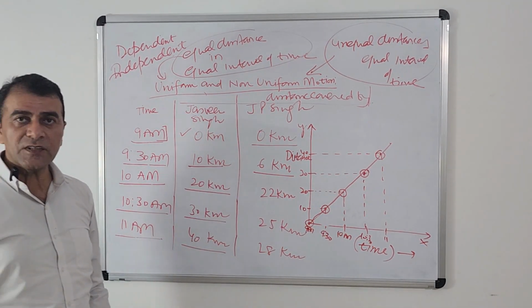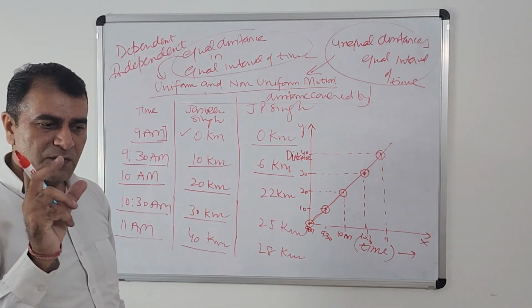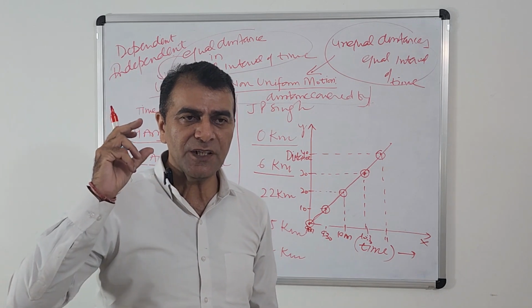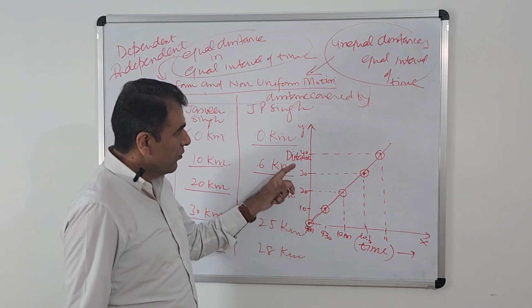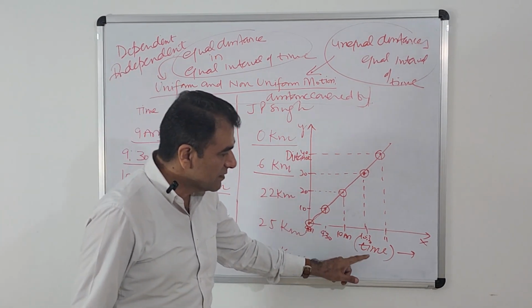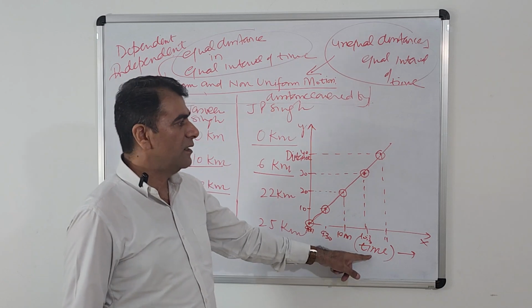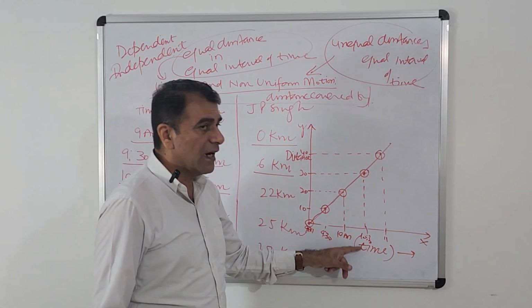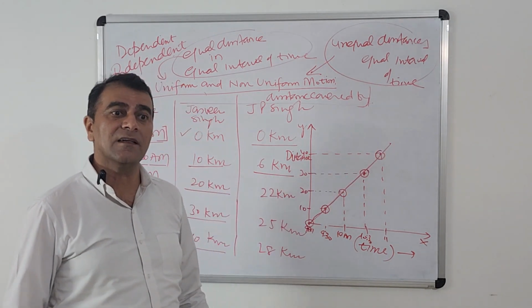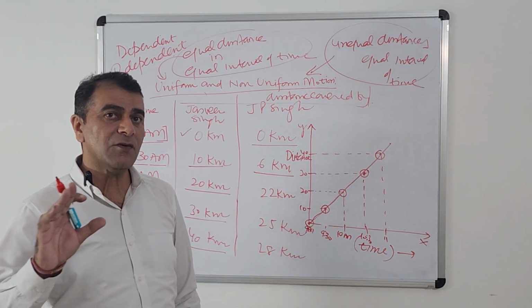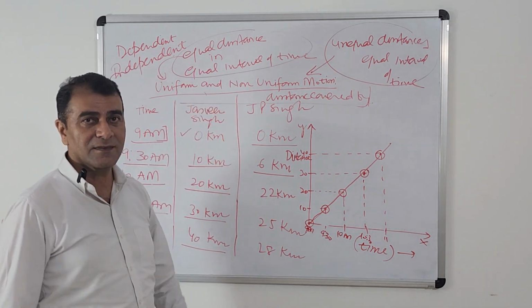This graph is a straight line. So always remember one tip, one point which has to be committed to memory: whenever one quantity varies directly with the other quantity, or the two quantities are in uniform motion, then their graph will be a straight line. Always. The graph will always be a straight line only for uniform motion.